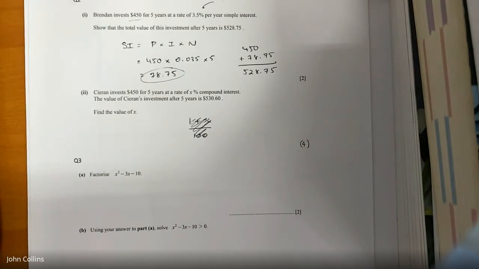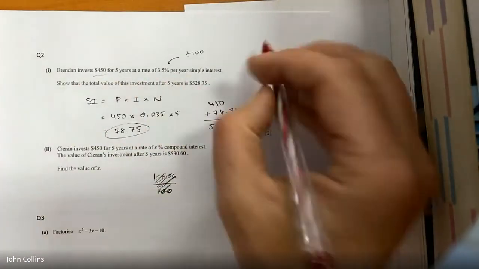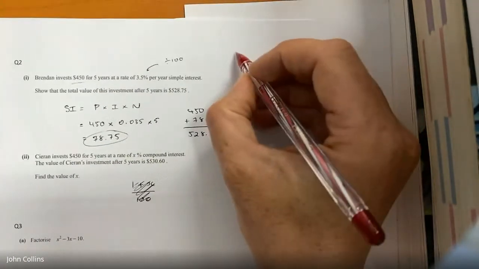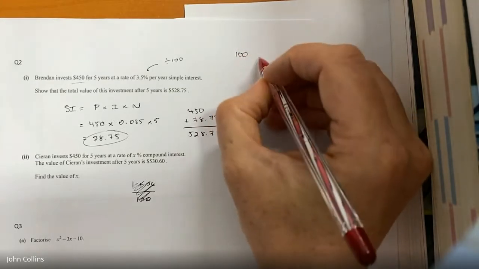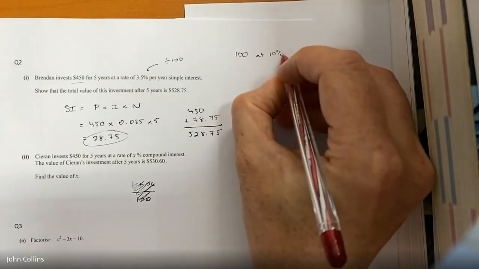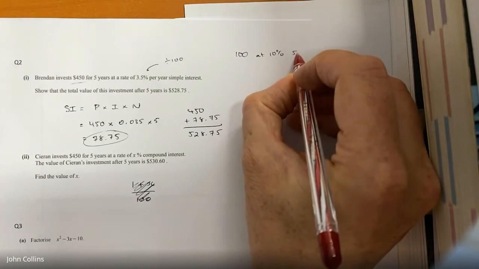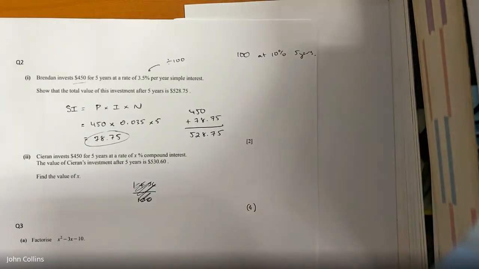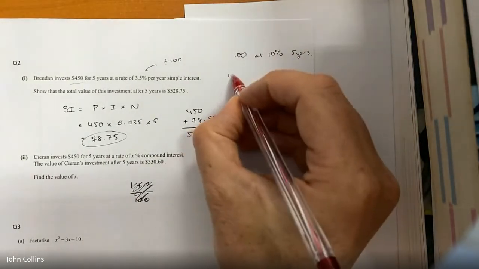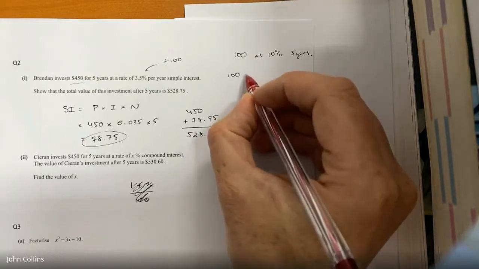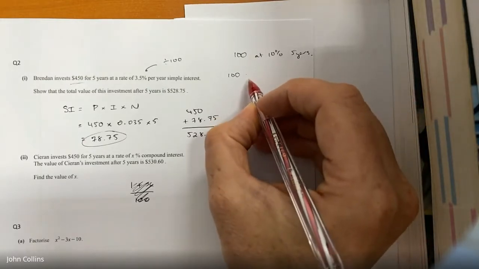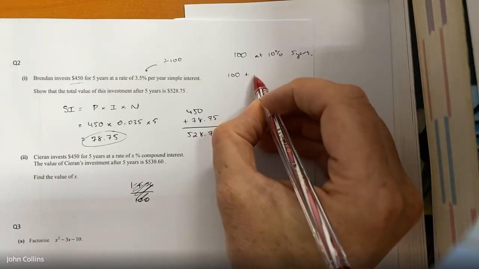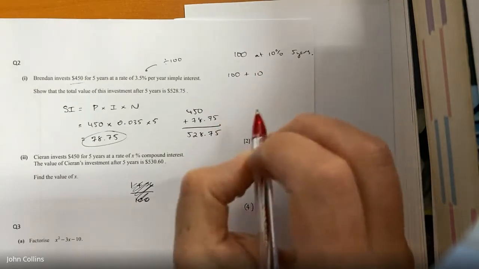But what happens if we don't remember the compound interest formula? Perhaps you can think a little bit about compound interest in general. You have 100 at 10% for, let's say, 5 years. If you put in 100 the first year, you get an extra $10.